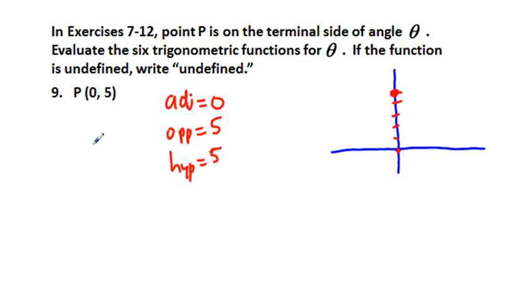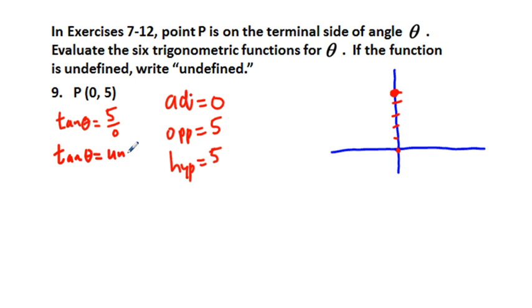So to find tangent, all right, tangent is opposite over adjacent, which is going to be 5 over 0, and so tangent theta is what?